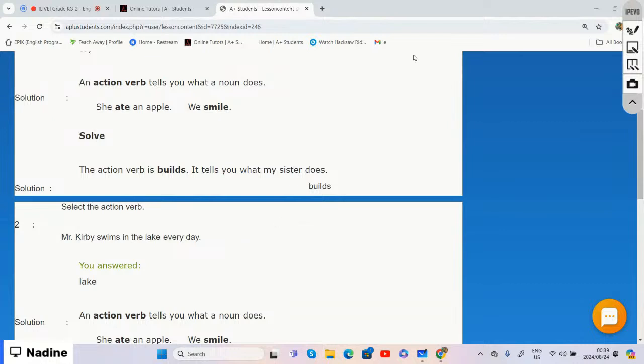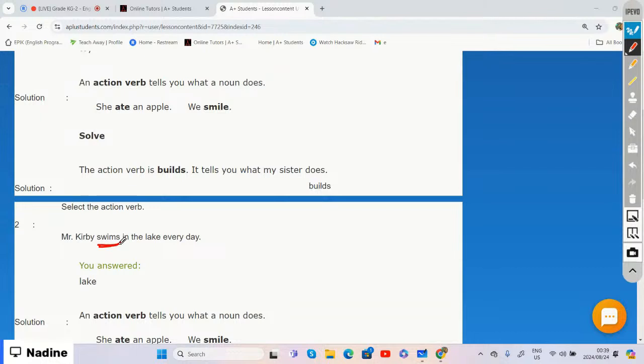And if we were to underline our action verb within that sentence, we can say Mr. Kirby swims in the lake every day.